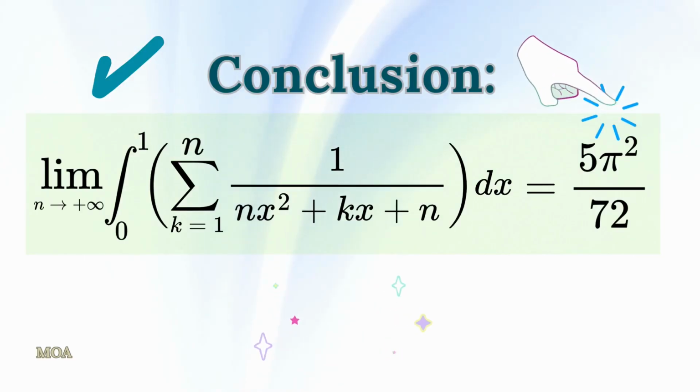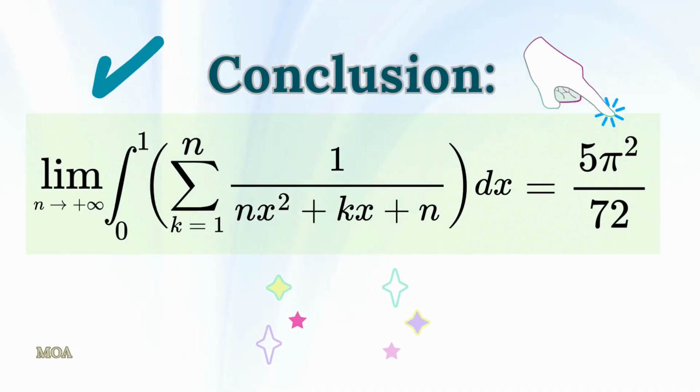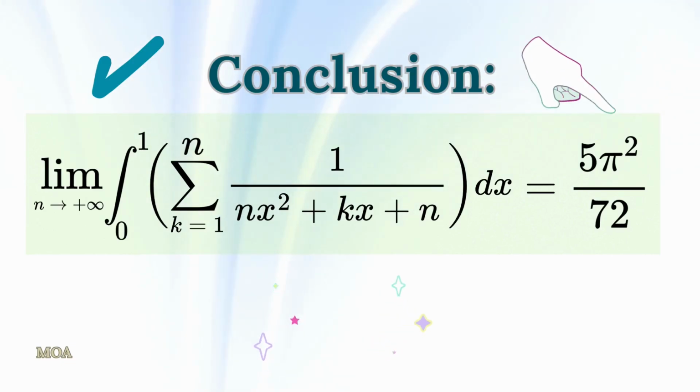Conclusion: the limit as n tends to positive infinity of ∫₀¹ Σ from k = 1 to n of 1/(nx² + kx + n) dx is evaluated to be 5π²/72.